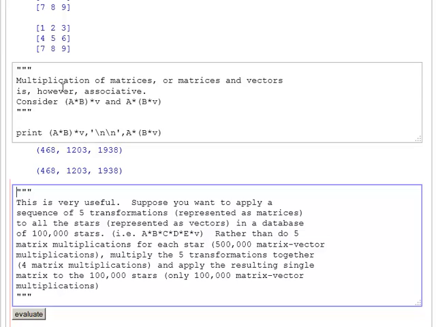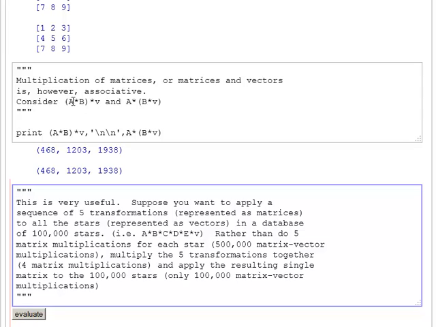Okay. This says multiplication of matrices or matrices and vectors is, however, associative. And that's very important. I have a comment on that here. So consider if I have 2 transformations that I'm going to apply to this vector. So A and B are matrices and V is a vector.